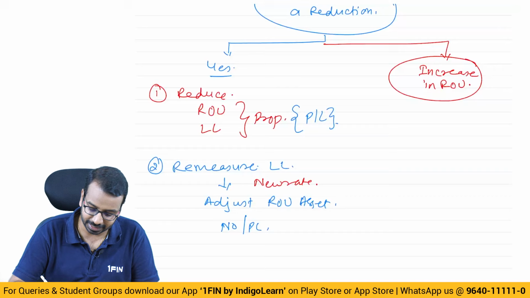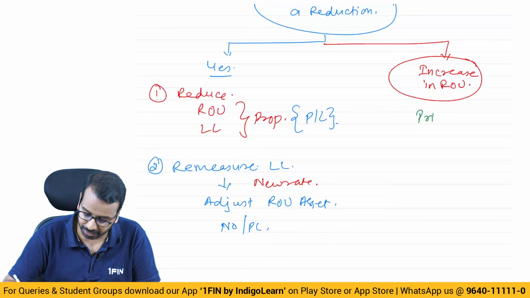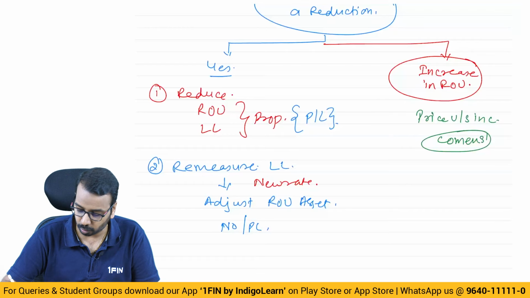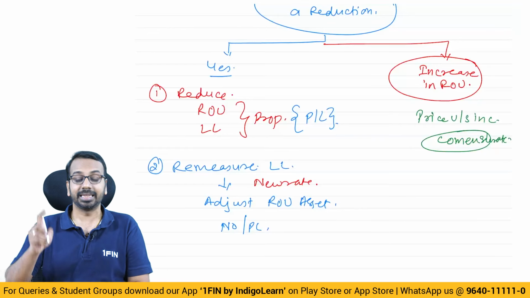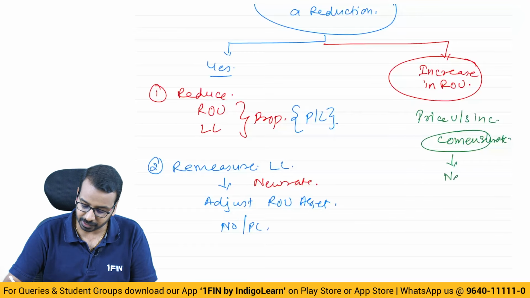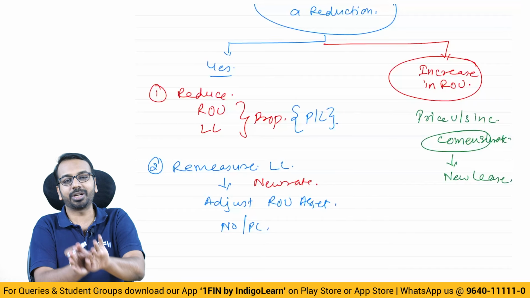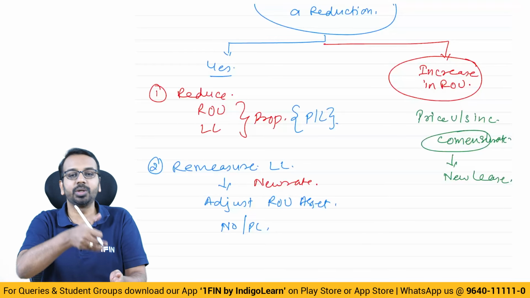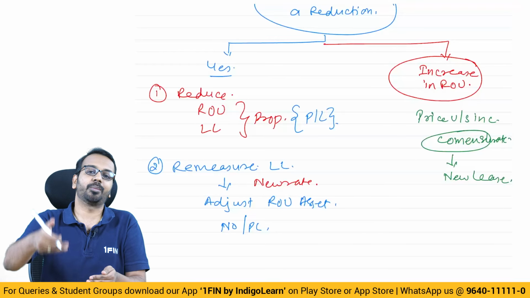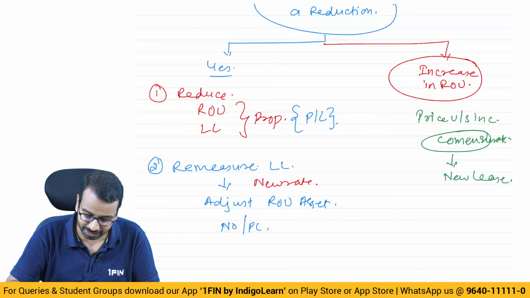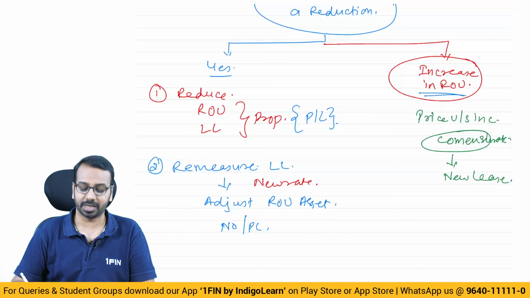If there is an increase and your price versus increase, these are commensurate, then in that case you will treat this as a new lease. New lease means existing lease accounting you will continue as it is, and new lease accounting you will do by computing the lease liability and right of use asset afresh. Okay. That is in case of increase in right of use asset.